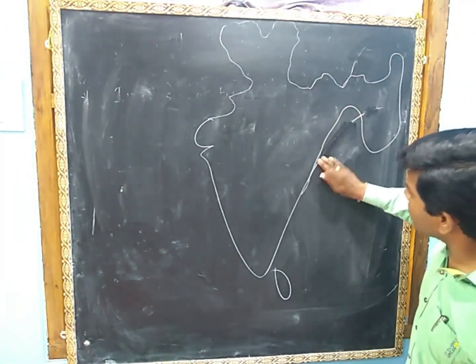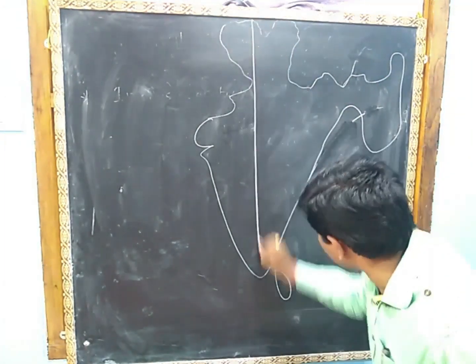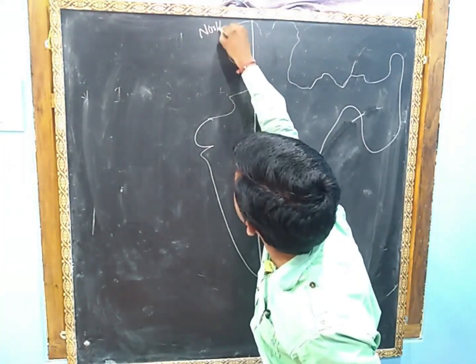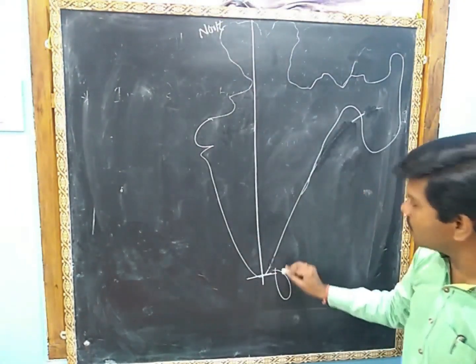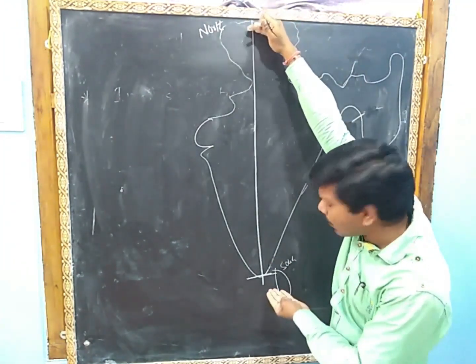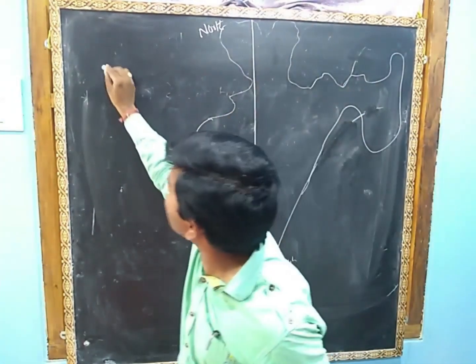Once you see, it extends from south to north, or north to south. This is north, and till here this is south. The north to south extent, or north to south distance, I am writing here.